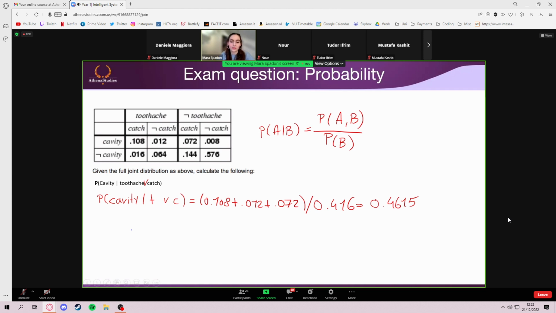Perfect. So that is the first value of our vector, and then for the second one? The second one was for the probability of no cavity given that you have a toothache or catch, which I did 0.016 plus 0.064 plus 0.144, and then divide that by 0.416 again, and that is 0.5385.